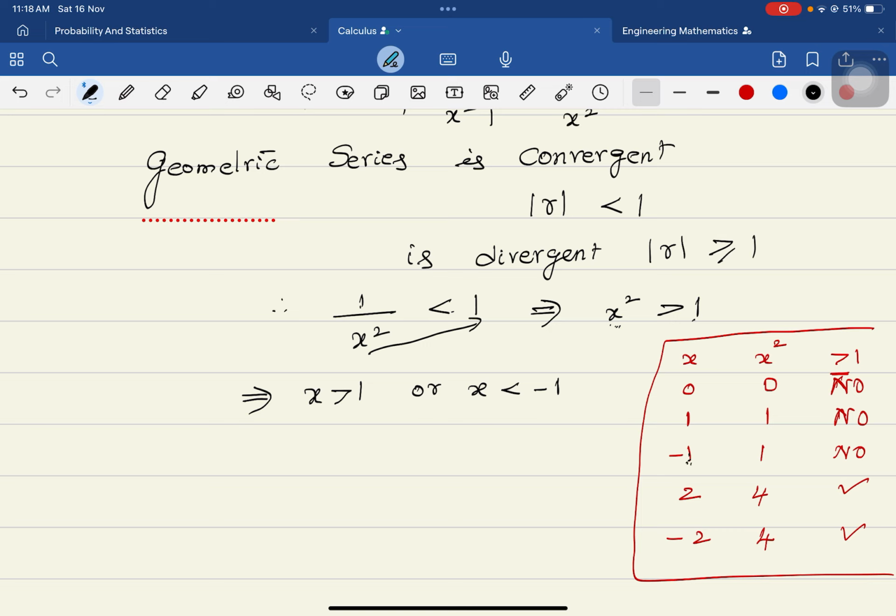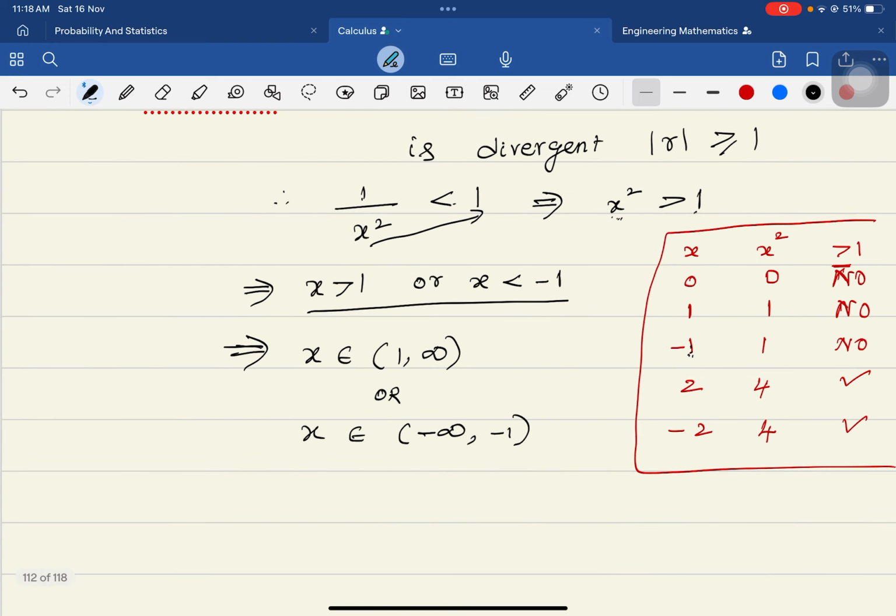It is true only for x greater than 1 or less than -1. So when x is greater than 1, x is an element of the interval from 1 to infinity, or x is less than -1, so it is from minus infinity to -1.